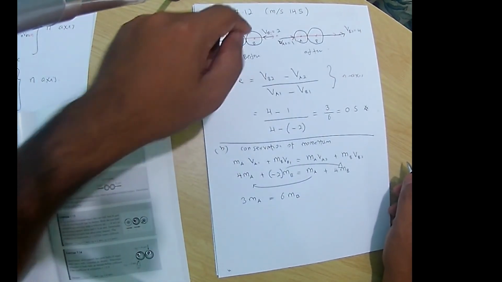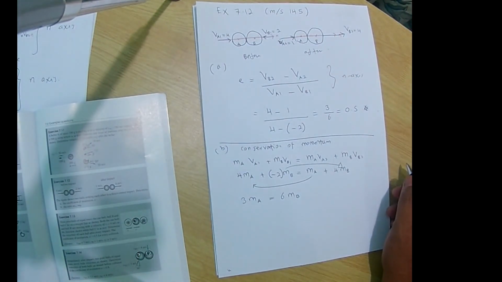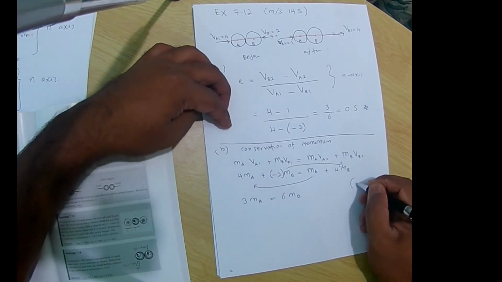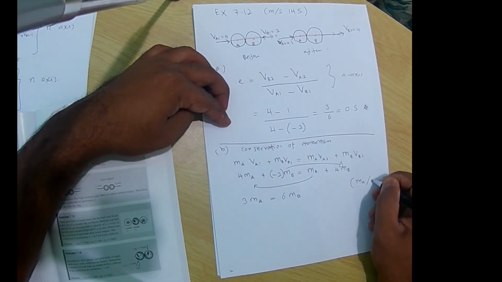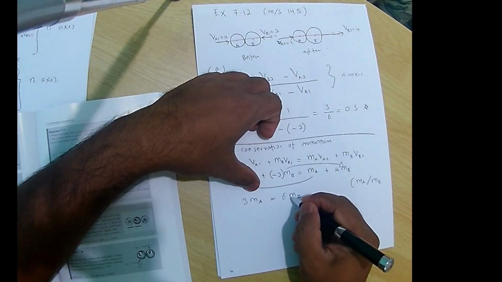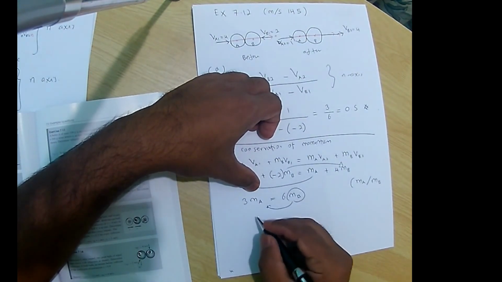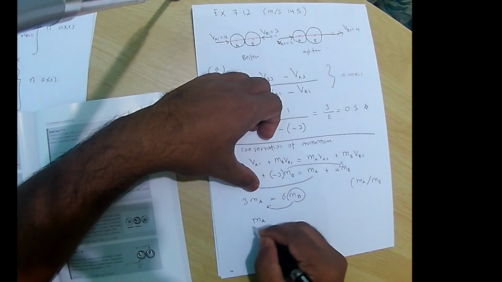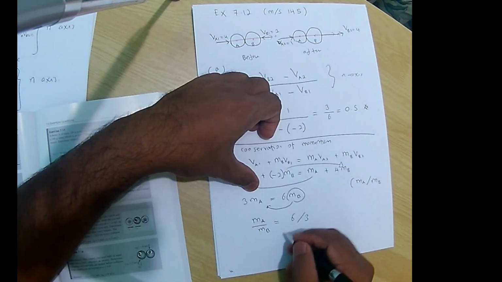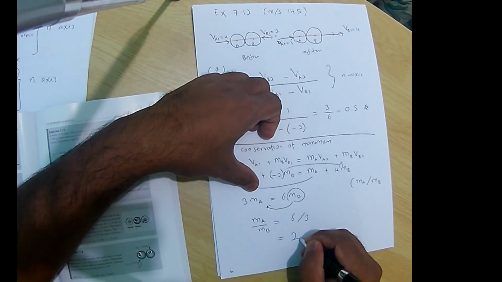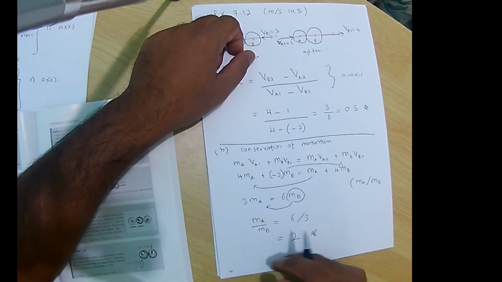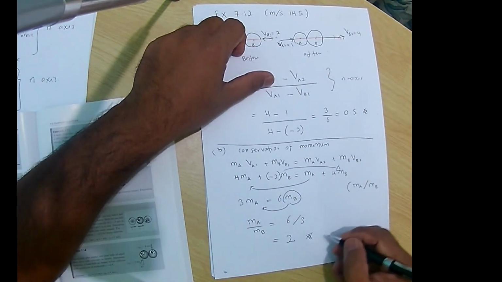Okay, so the question is the ratio between MA and MB. So bring MA here. We'll have MA divided by MB equal to 6 divided by 3, so equal to 2. So the ratio between MA and MB is equal to 2. So done.